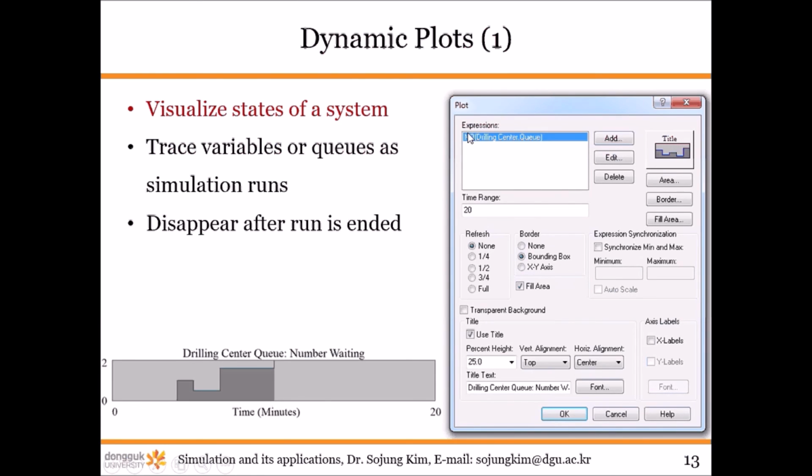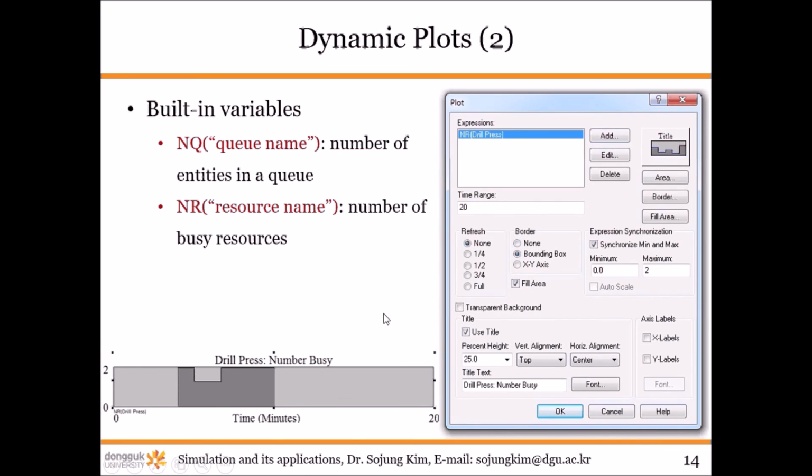NQ is a built-in function, and if you type NQ with the queue name, then you can get the number of entities in the specified queue. And MR is also the same thing. It's a built-in function. If you type the resource name such as drill press, then you can see the number of busy resources. Got it?